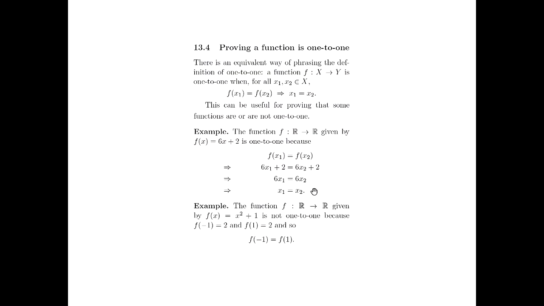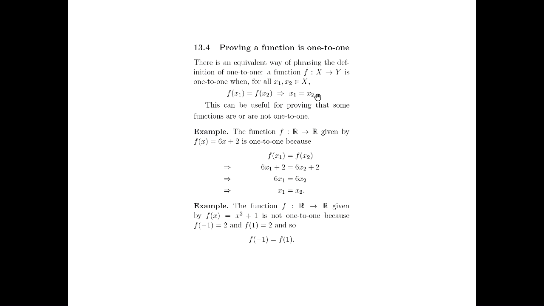Okay, so the notes gave one definition of one-to-one, which was saying for everything in the image, there's exactly one thing in the domain which maps onto that thing in the image. There's another useful definition, which is particularly useful when proving things are one-to-one.